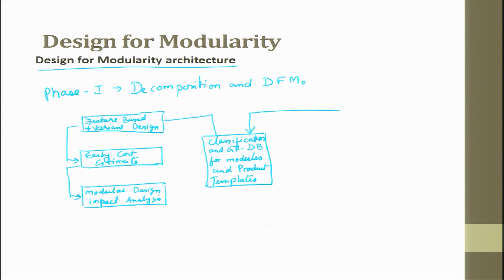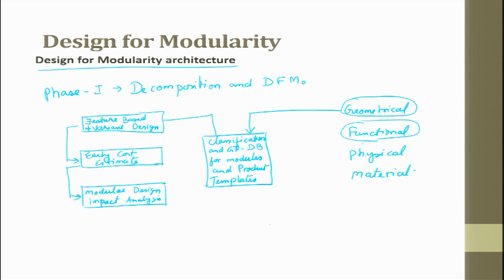This is attached with geometry, functional, physical and material. These are the classifications which are done based on geometric, functional, physical and material, because material plays a very important role in the final product.